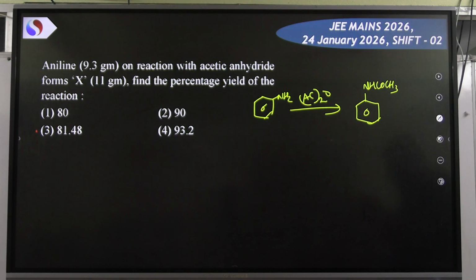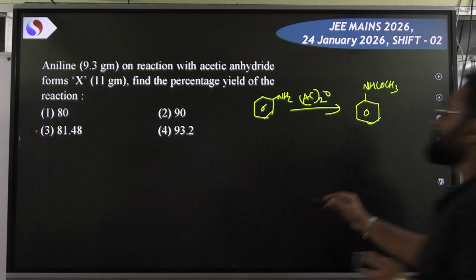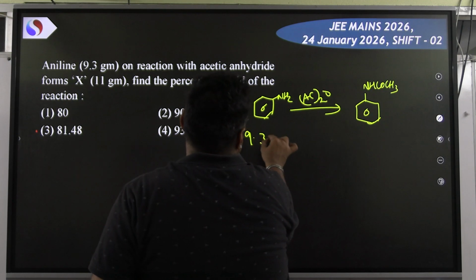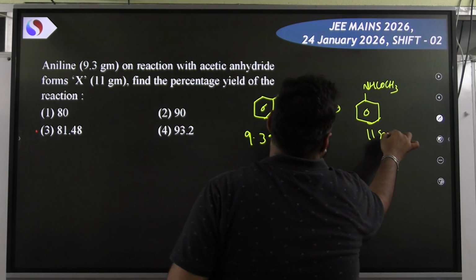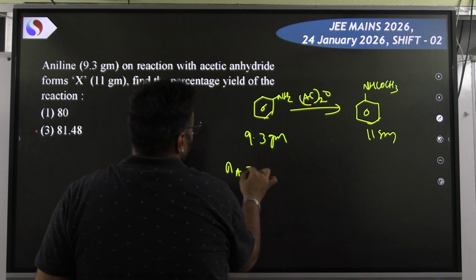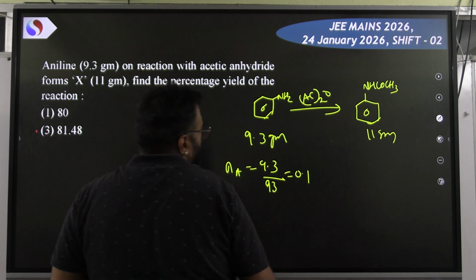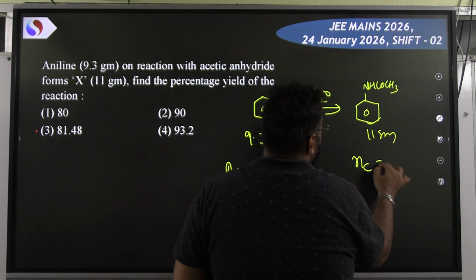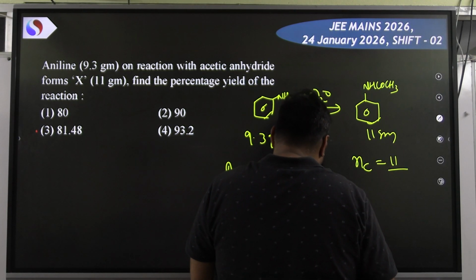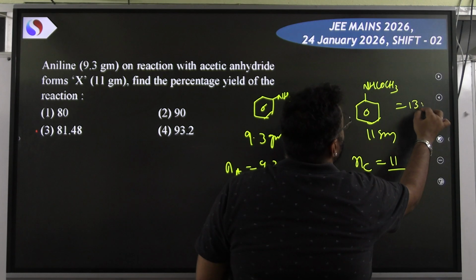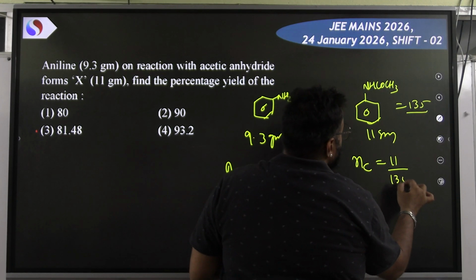Now the question is saying this is 9.3 grams and this is 11 grams. So number of moles of aniline is 9.3 divided by the molar mass of aniline, 93, which is 0.1. Number of moles of the compound is 11 divided by its molar mass, 135. I have already found the molar mass, 135.